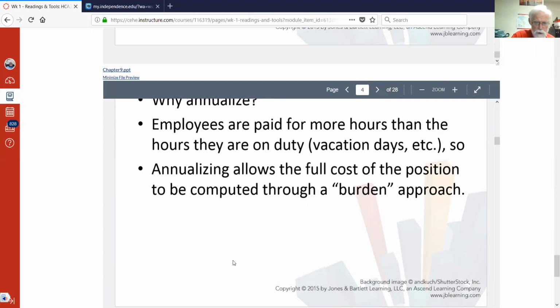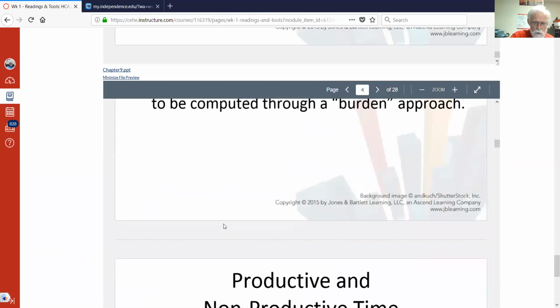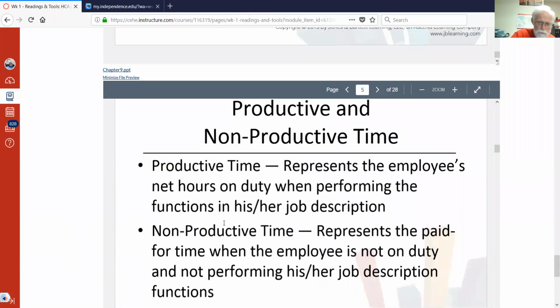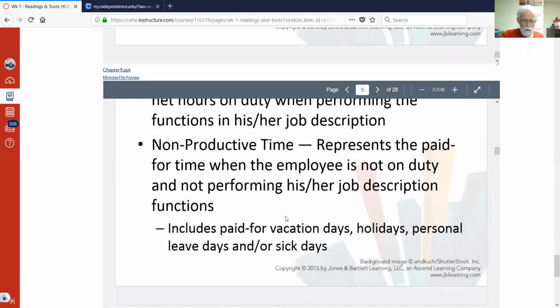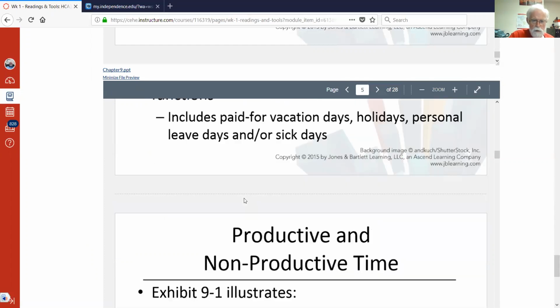But you do need nurses and aides and professional care. So, productive time is net hours on the job. Non-productive is basically the time that the employee is not on duty. That includes vacation days, sick days, holidays, etc.